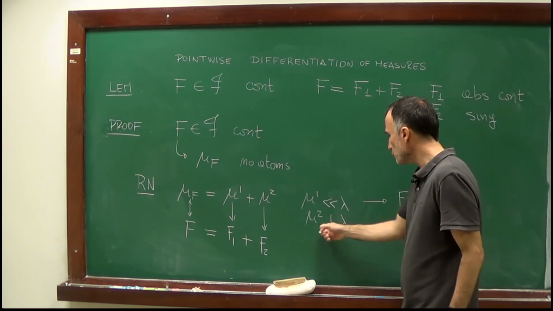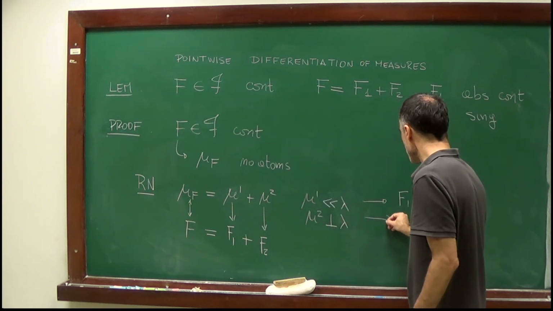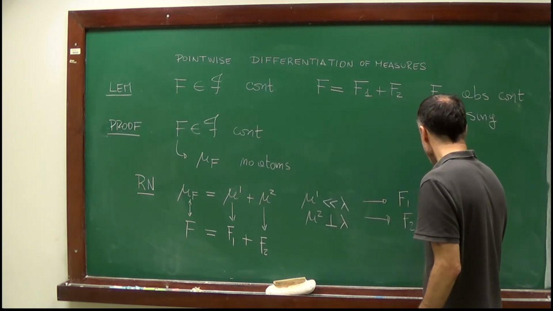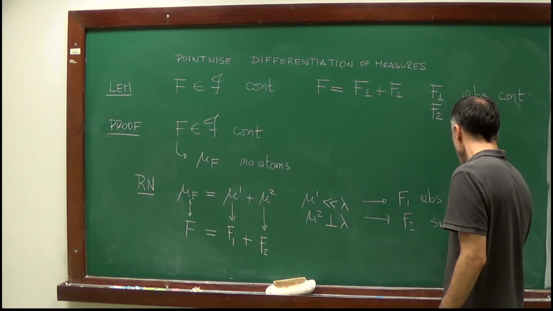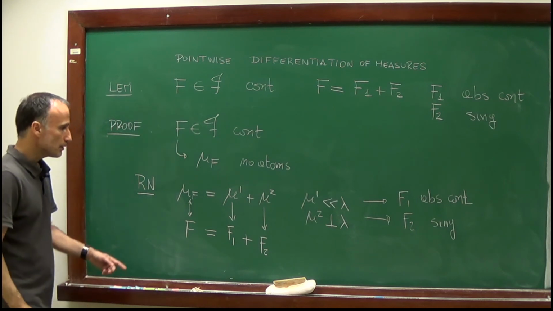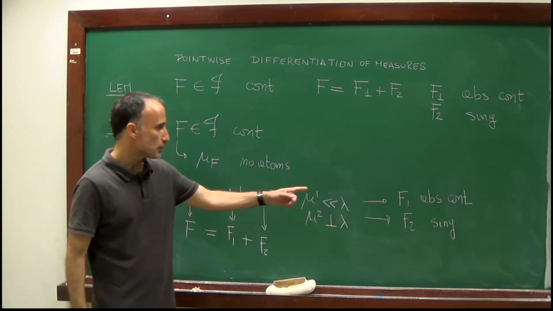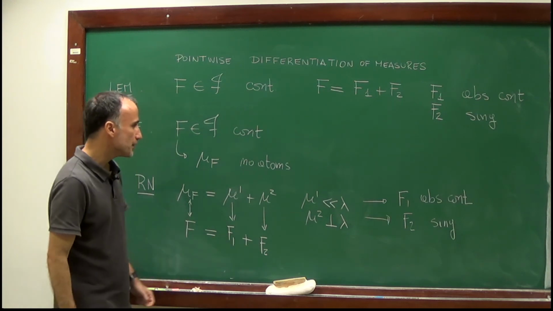Now we know that mu2 is singular with respect to Lebesgue and has no atoms. This proves that f2 is singular, and this proves the lemma. So f1 is absolutely continuous and f2 is singular.